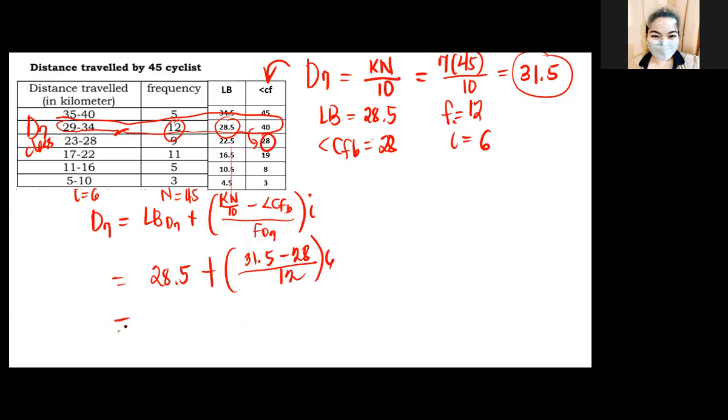So what is 31.5 minus 28? 3.5. 3.5 divided by 12 times 6 is 1.75.